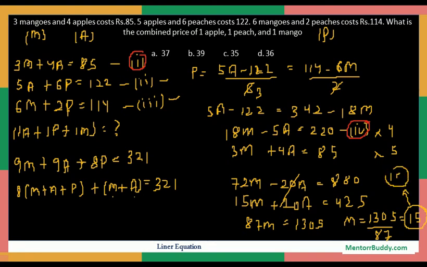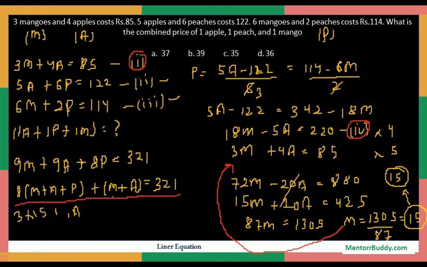Now putting this value of M in the first equation and getting the value of A. So this will become 3 into 15 plus 4A is equal to 85.